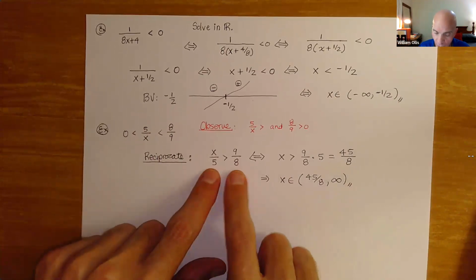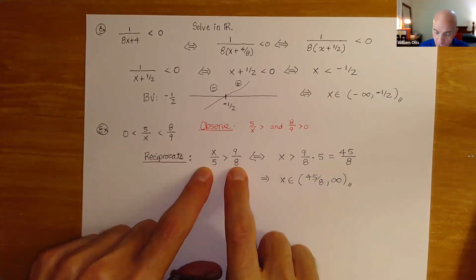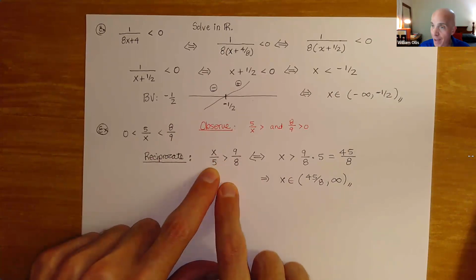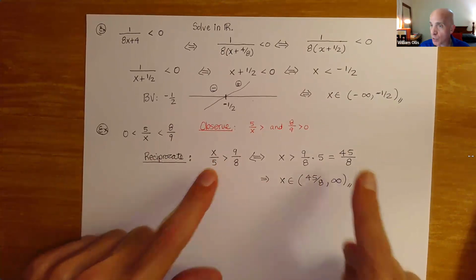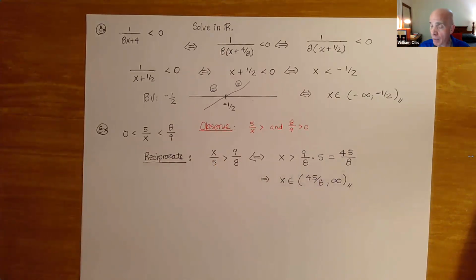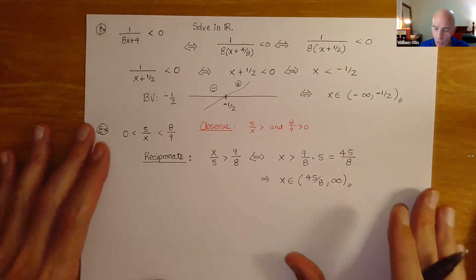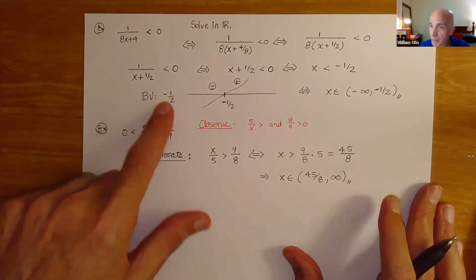Now, of course, if you wanted to, you could just take everything on one side and factor and still get a BV of 45 over 8 and do the same number line technique. But you don't always have to do that. I want you to be aware of it.